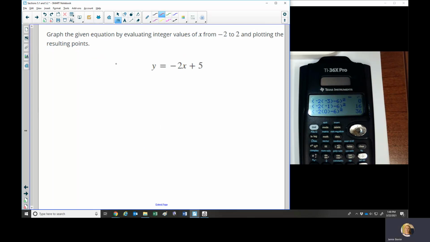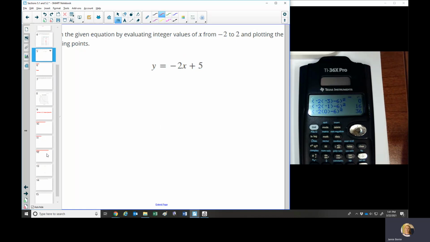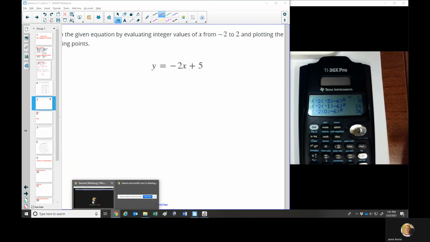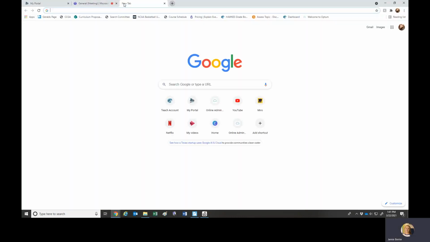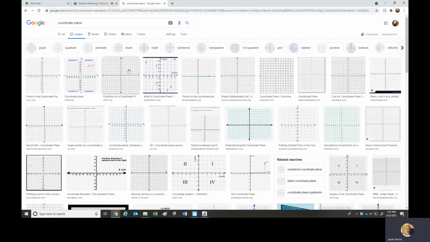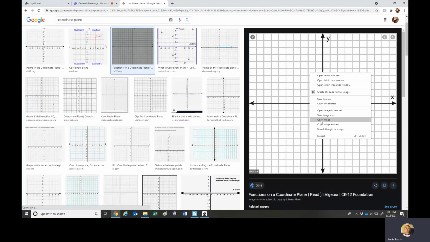All right, next we have this problem here. It says graph the given equation by evaluating integer values of x from -2 to 2 and then plotting the resulting points. All right, so let me see if I got a little graph on here somewhere. I don't. Let me go get a coordinate plane real quick. We're just going to go to Google and get one. I always use the same one, this one right here.